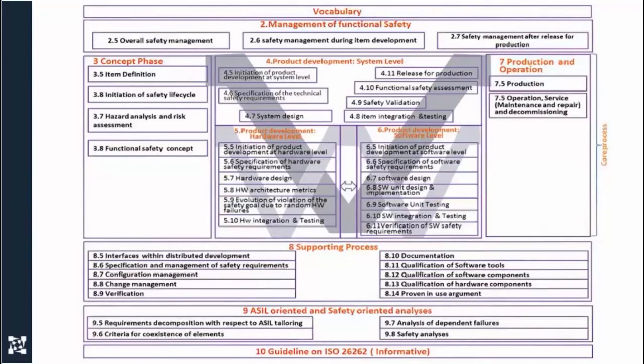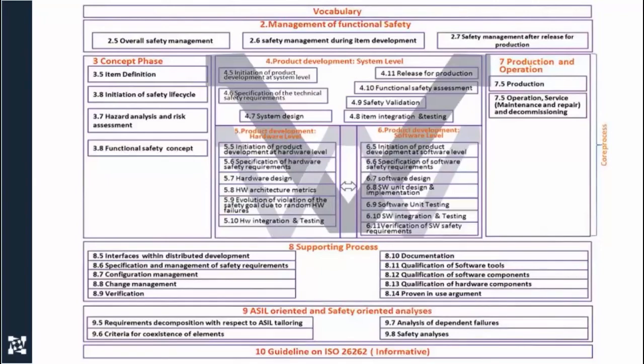This is of utmost importance because the development of safety critical automotive systems is really important because lives depend on it, especially now with the introduction of driver assist and automated driving systems. Part 3 is the concept phase, defining what you are building and where your customer or stakeholder requirements come in.